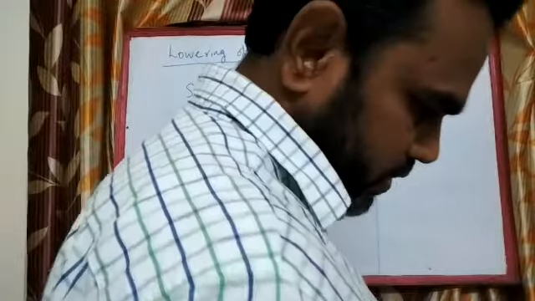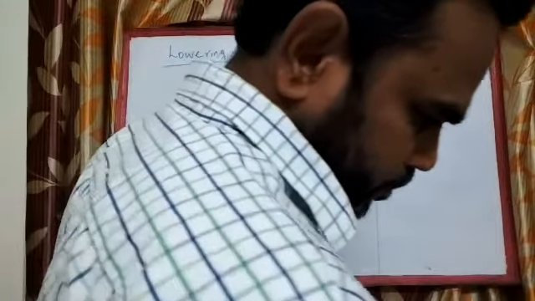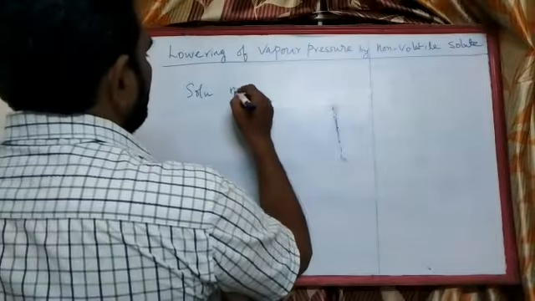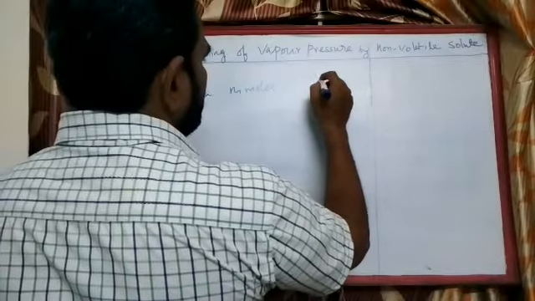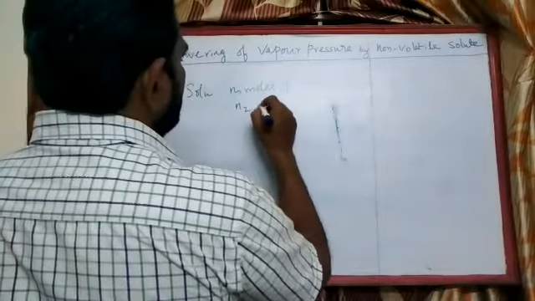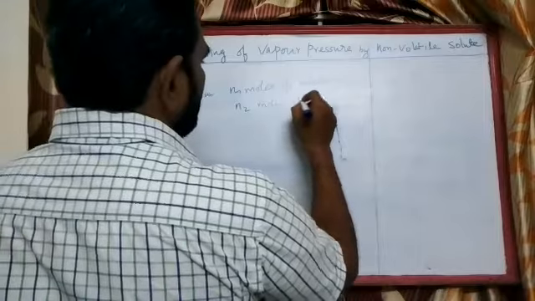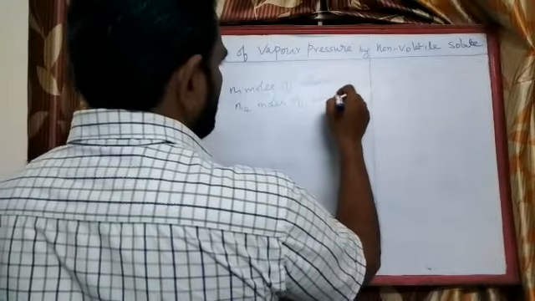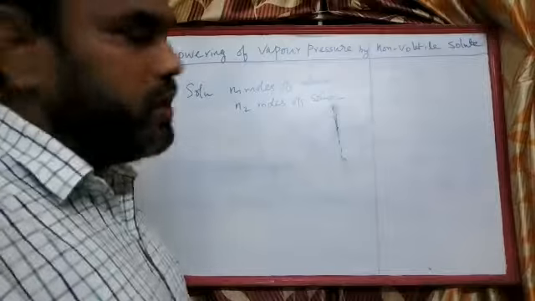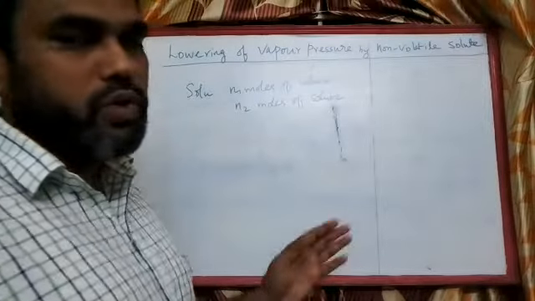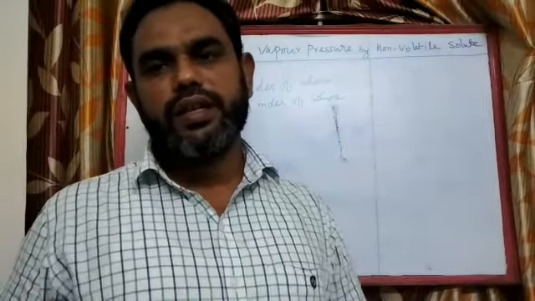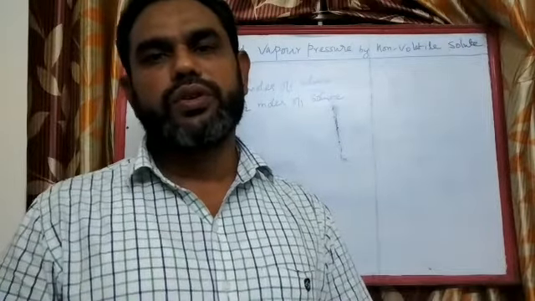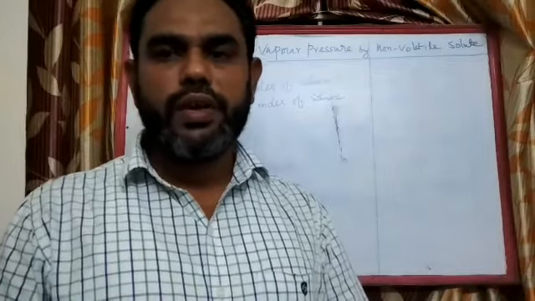The number of moles of solvent is n1 and the number of moles of solute is n2. Together, the solvent and the solute form a solution.